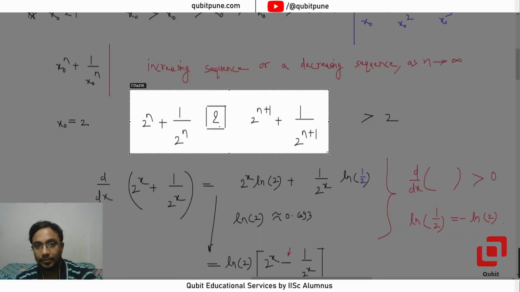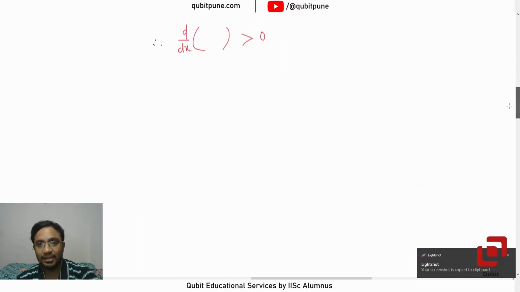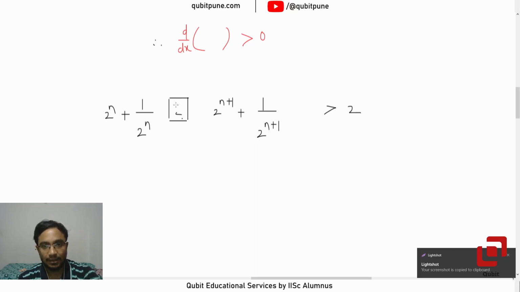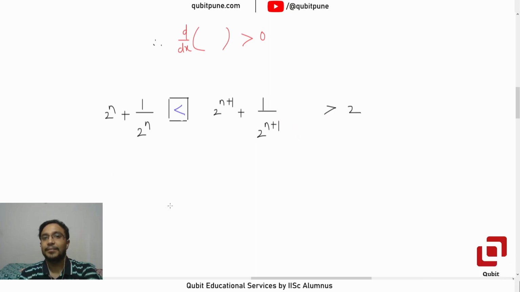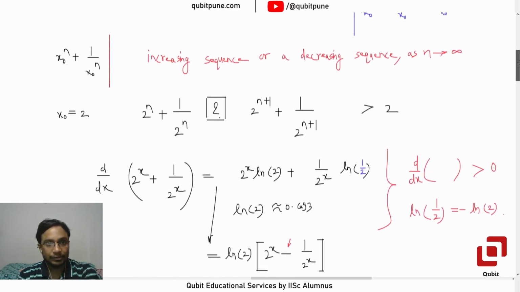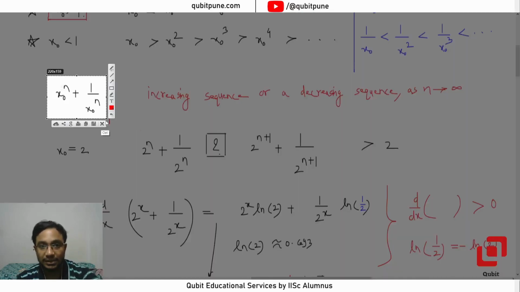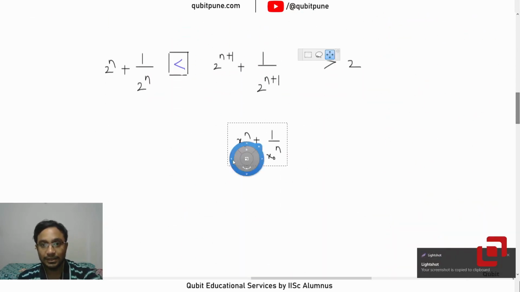What does it tell you? It basically tells you that if I take this inequality, because it is an increasing function, we will get this. Now, because we had generalized it, we can now talk about this function.